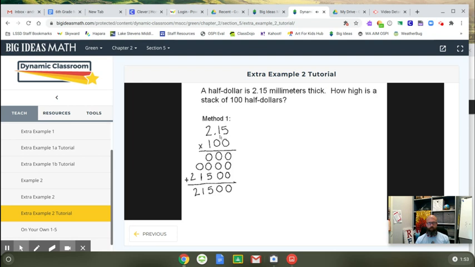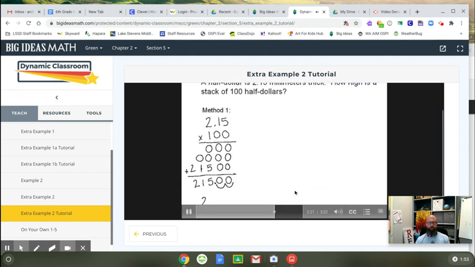In this case, there are 2 digits. So we go back to our product and we move the decimal point 2 places to the left. Boom. So it will be between the 5 and the 0. So our final answer is 215 millimeters.